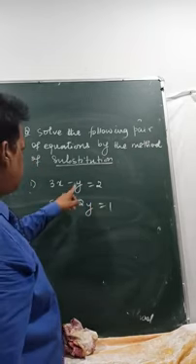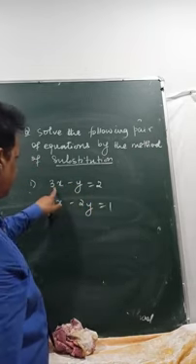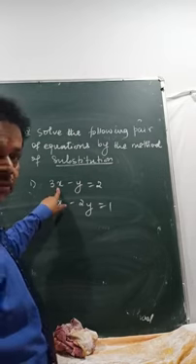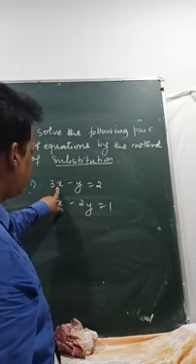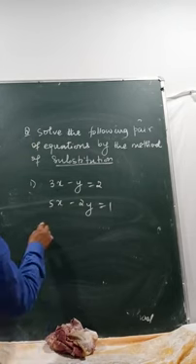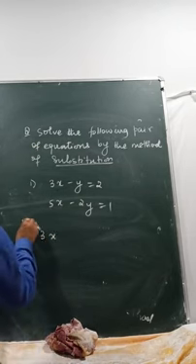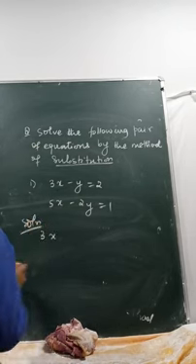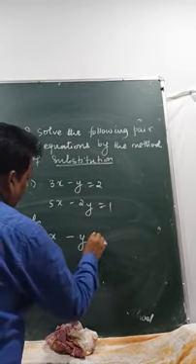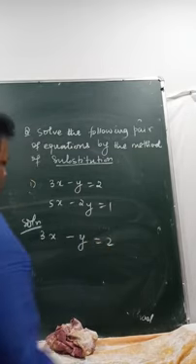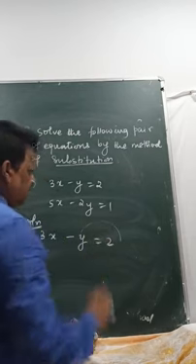So what we'll do is, from here we'll find the value of x. Suppose I'll find the value of x from here. How to find? 3x minus y equals to 2. Suppose I will take y to this side.